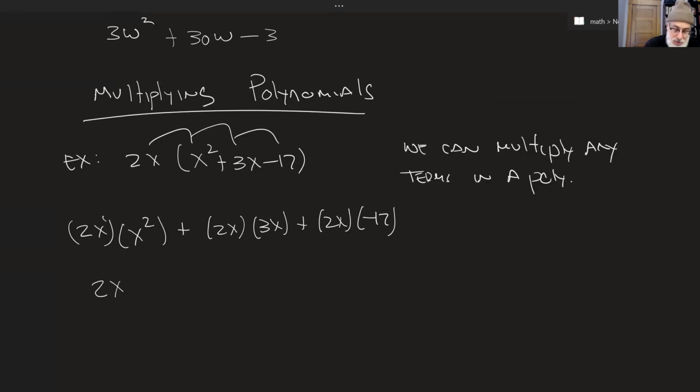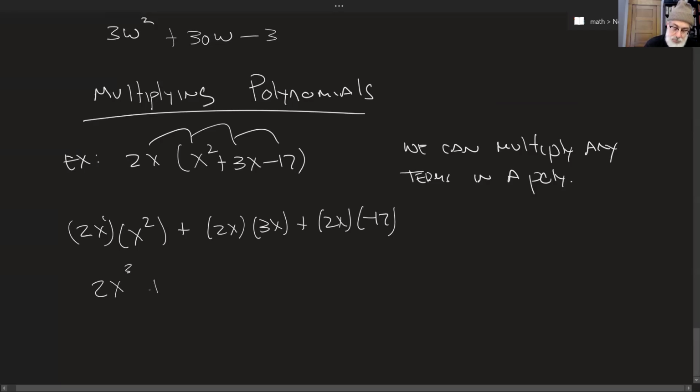So this is 1 plus 2 becomes 3. 2 times 3 is 6, and x times x. We have a 1 here and 1 here. 1 plus 1 is 2. Then we have 2x times negative 17. So 2 times negative 17 is minus 34, and we just keep the x.